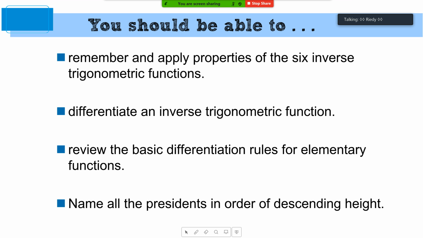And then, of course, you should be able to list the presidents in descending height. Tallest president? Abraham Lincoln. Shortest president? Madison. You think so? I have no clue. I'm just BSing my way through this. I don't know. John Adams, maybe?